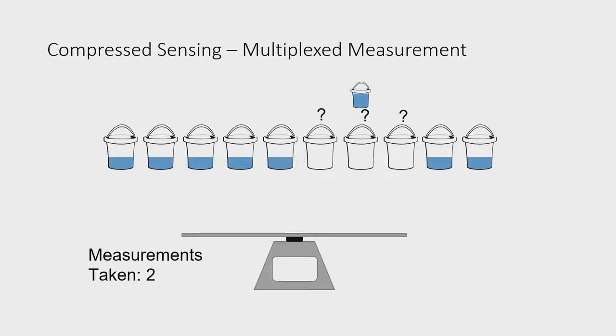So then you know that these ones are not. And then you can narrow down on just figuring out which of these buckets has the extra amount of water in it. Ultimately, you can figure this out in about 3 or 4 measurements, and largely this comes down to what people call the data sparsity.